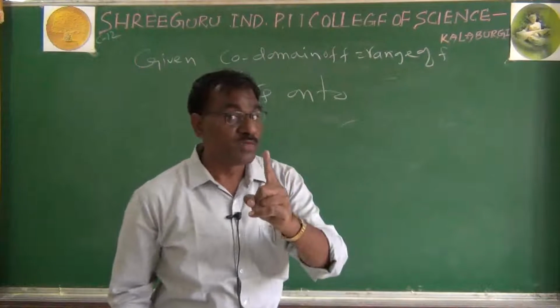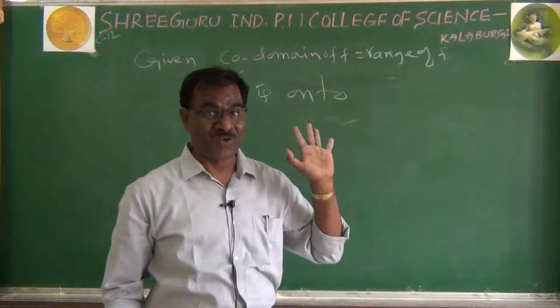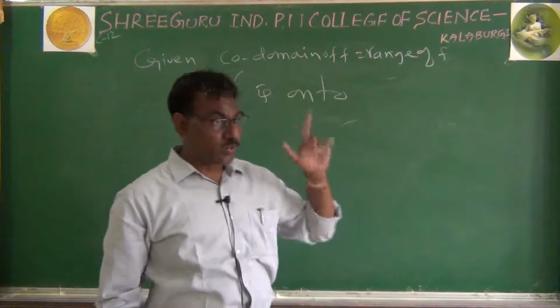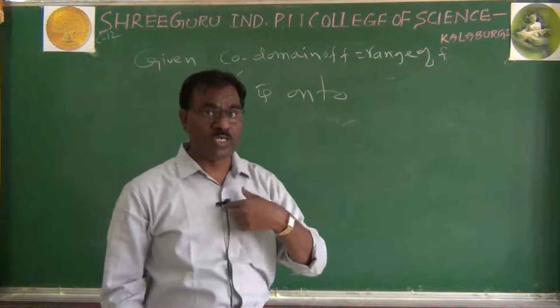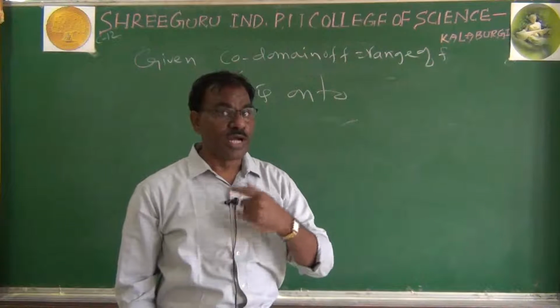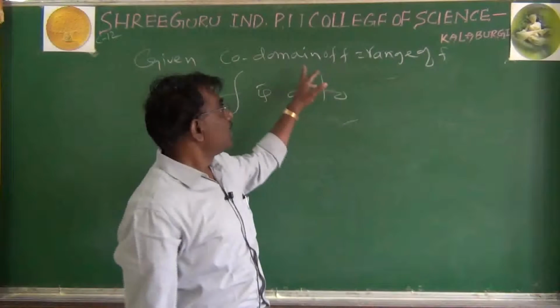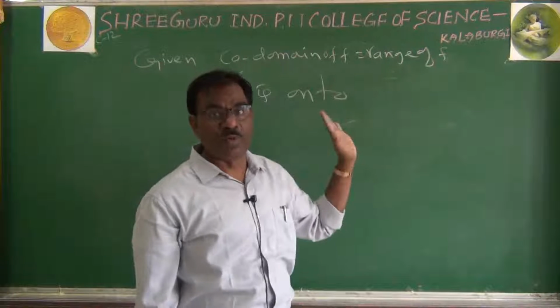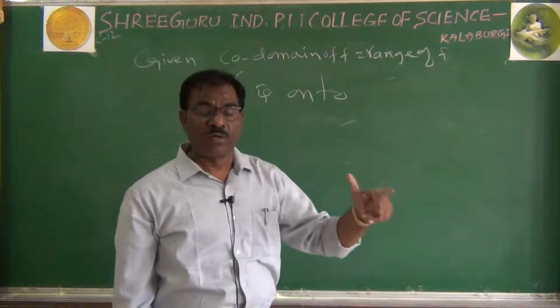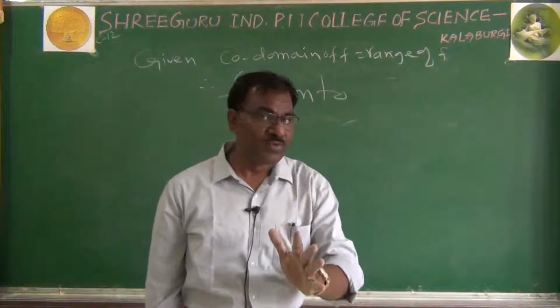Codomain equal to range means the function f is onto. This is a shortcut. Even to show that f is one-one, x1 equal to x2, but you would have to prove onto. But given range of f equal to codomain of f, the function f is onto.